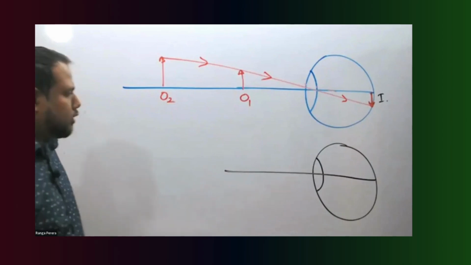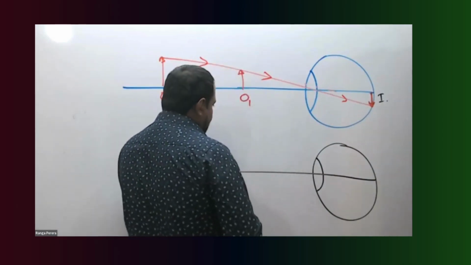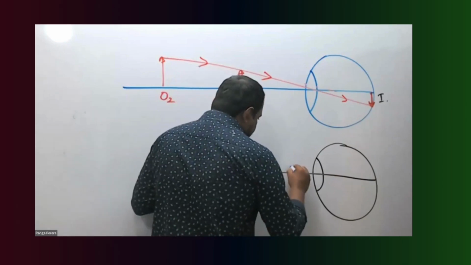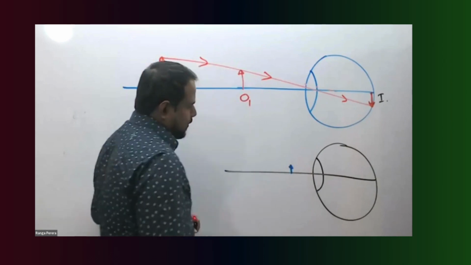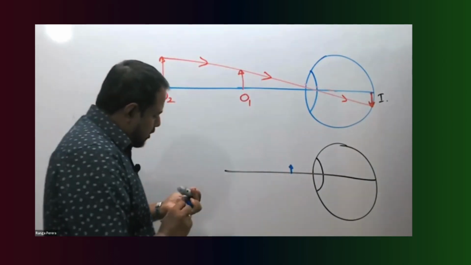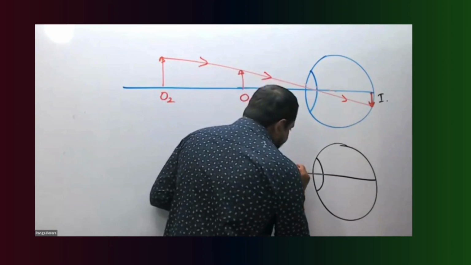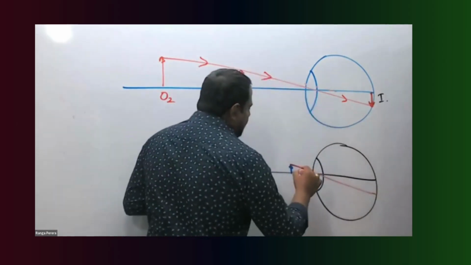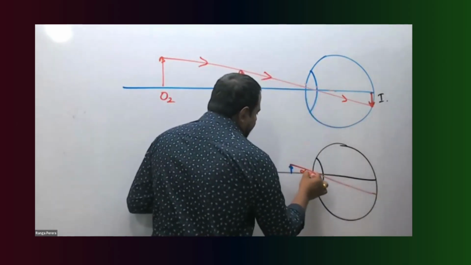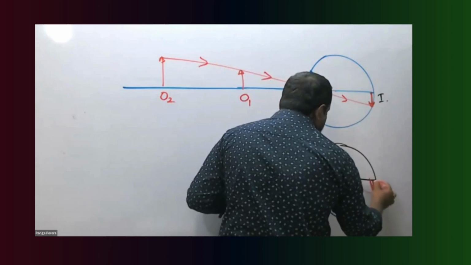Now, this particular object is very close to your eye. Think about the visual angle projection. The visual angle projection alpha is very small.